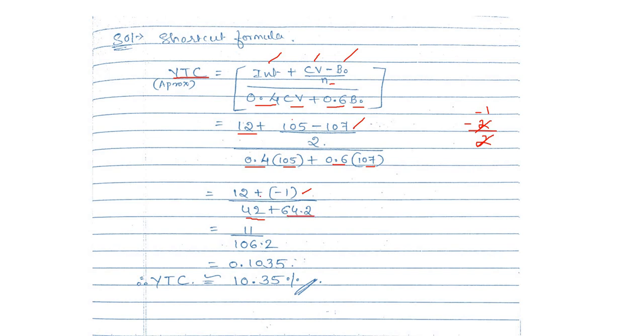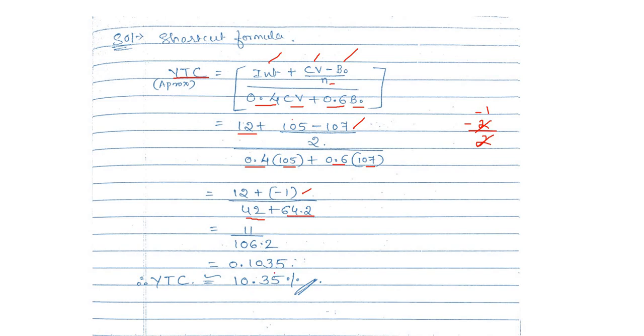So 12 plus, in the bracket, minus 1, is 12 minus 1, which is 11, divided by 42 plus 64.2, which is 106.2. So we got the answer as 0.1035.